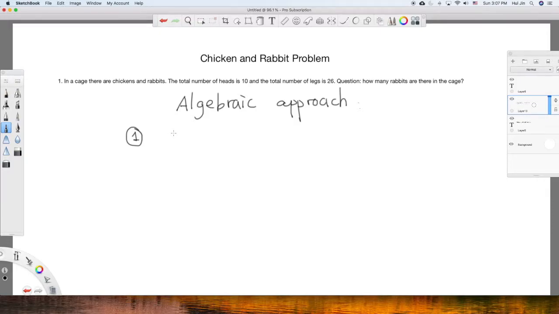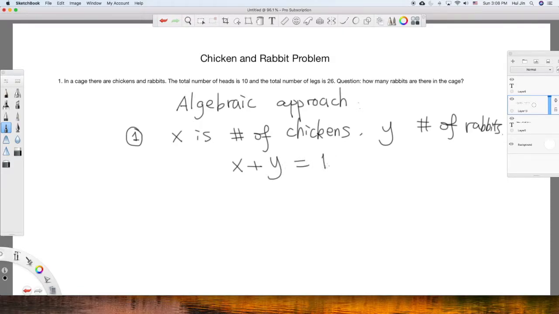Let's assume x is the number of chickens, y is the number of rabbits. So x plus y equals 10, because the total number of chickens plus the total number of rabbits is 10, the number of heads. And if you count the number of legs, it is 2 times x, because each chicken has 2, and 4 times y equals 26.